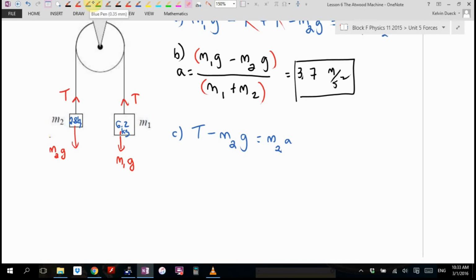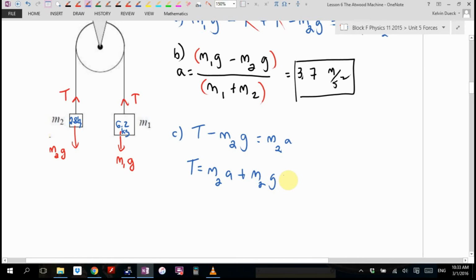So, Matt, how would I get the T by itself? So it's going to be M2A plus M2G. How big is mass 2? Make sure you get the right mass. Good. How big is A? I just found it. 3.7 plus. How big is M2? 2.8.